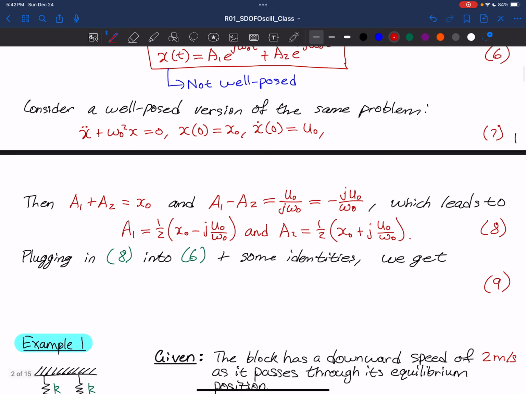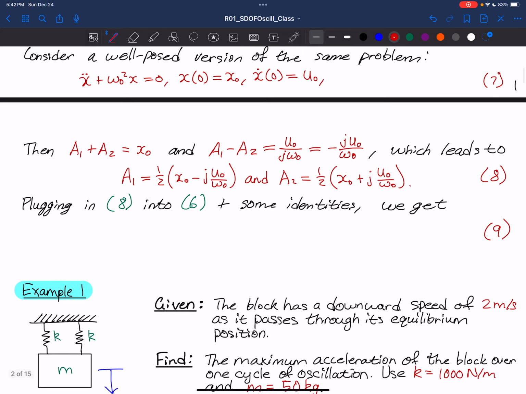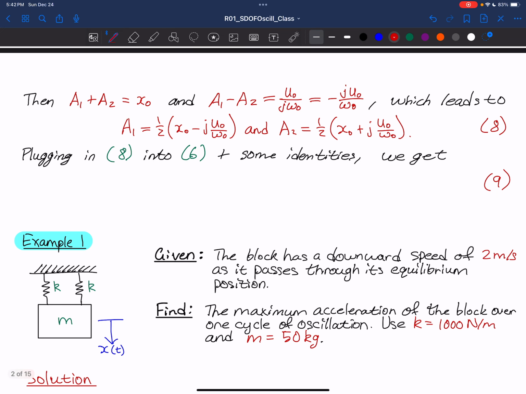So at this point, now that we've found a1 and a2, we're now going to plug those values into the general solution. We'll then apply some identities, particularly Euler's formula and so forth. And by doing so, we'll get that the displacement x at t is equal to x0 times the cosine of omega 0 times t plus u0 divided by omega 0 times the sine of omega 0 t.